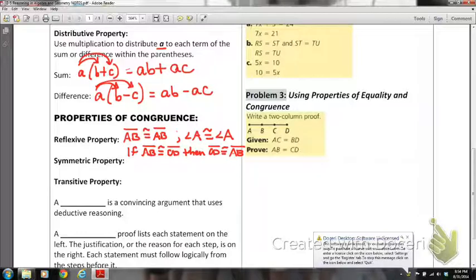The same property applies for angles. If angle A is congruent to angle B, then I can switch those and say that angle B is congruent to angle A.